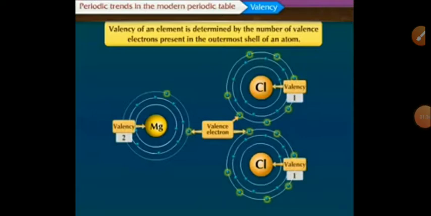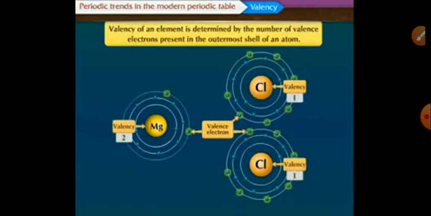Children, here you can see that first the valency is there. Magnesium has 2 valency, that means it has 2 valence electrons. Chlorine has 1. Chlorine's valency is negative, while magnesium has plus 2 valency.